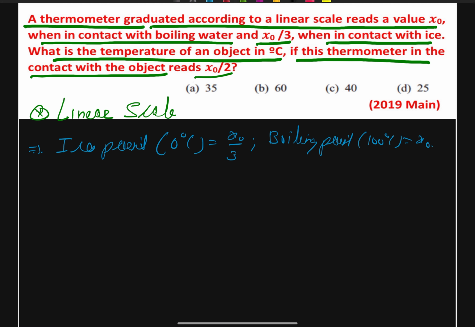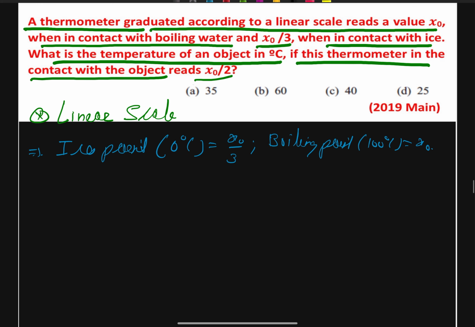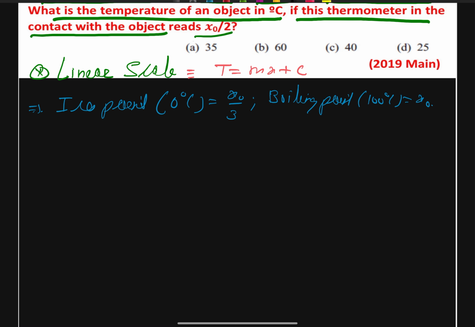And because this is a linear scale, the relationship can be written as T is equal to mx plus c. With respect to these two values, we can form the two equations.